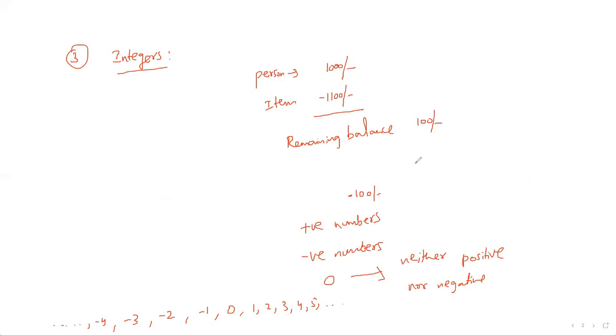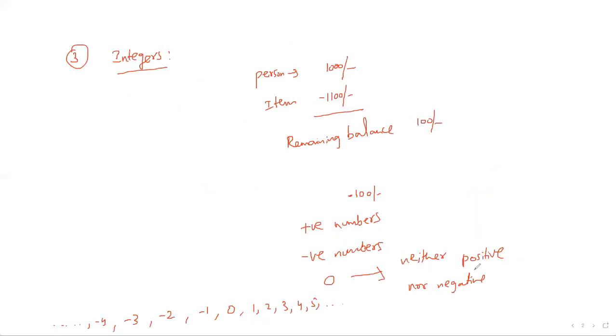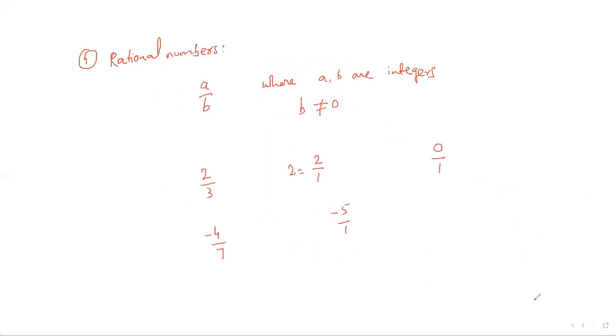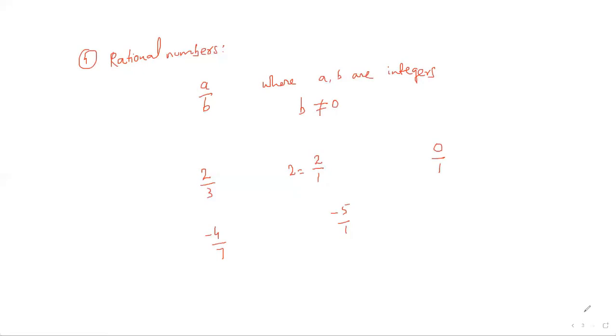So if a number is a natural number, then it is a whole number, then it is an integer, then it can be a rational number also. So if a number is an integer, then it is a rational number also.